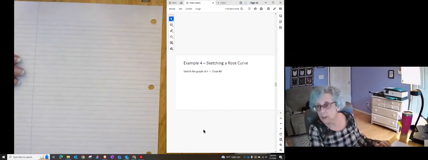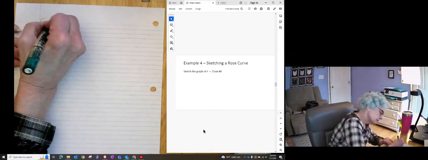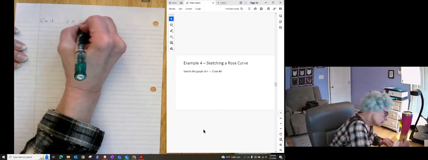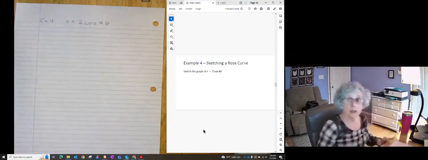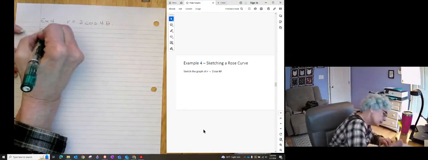We're going to sketch r equals 2 cosine 4 theta. Now we know a lot already. We know that the petal length is 2.